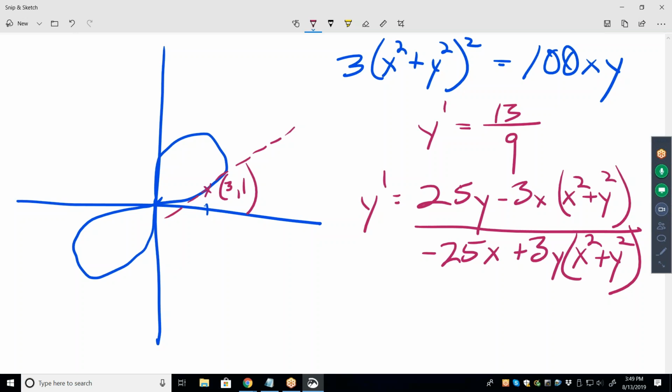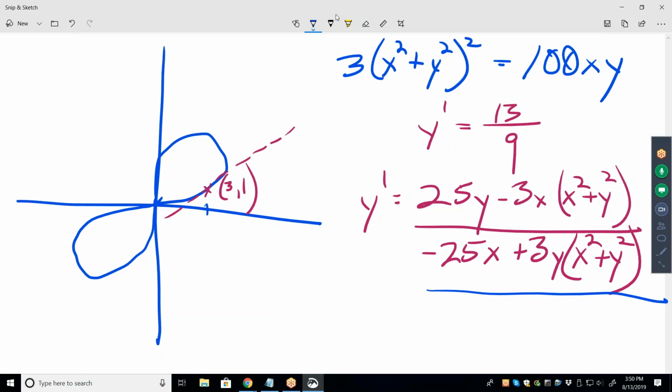What's the number one rule in math you can't do? You can't divide by 0. Okay. So this denominator can't be 0. Well, what would make that 0? How about an x of 0 and a y of 0? Right? Okay.